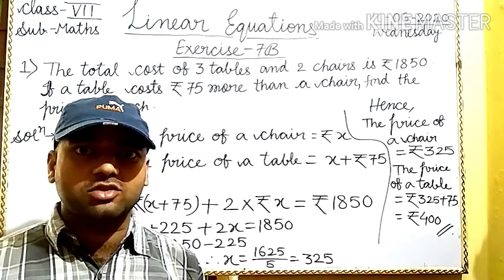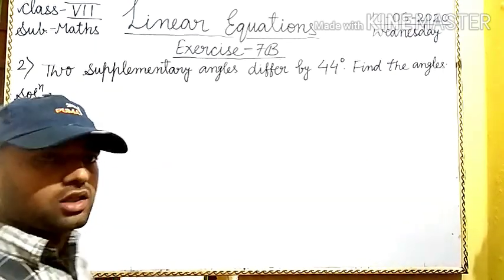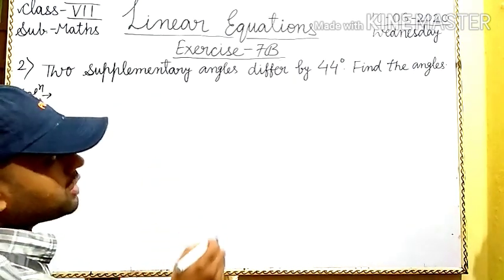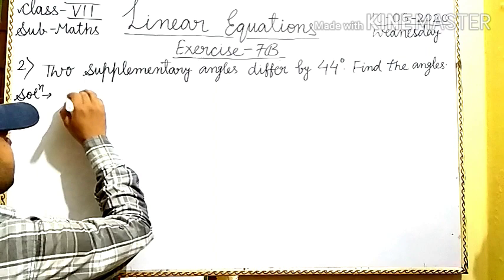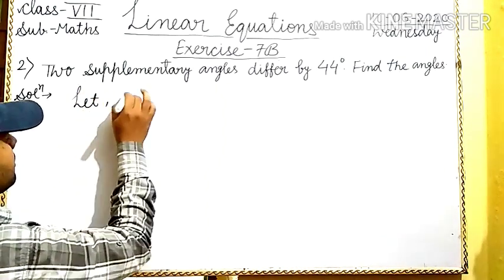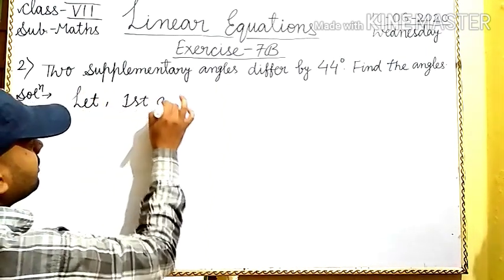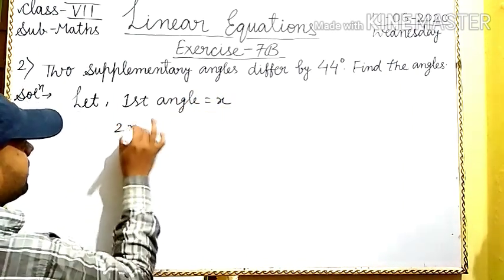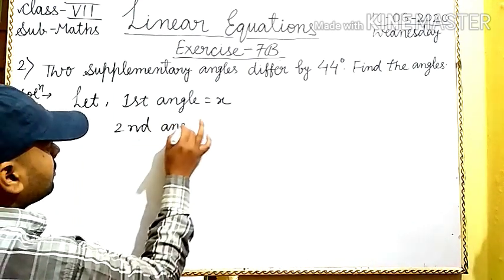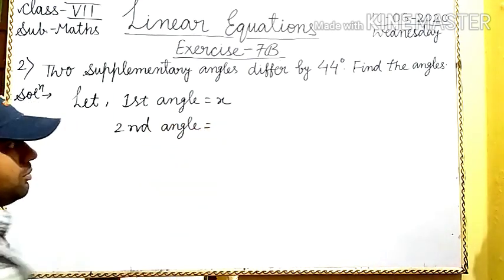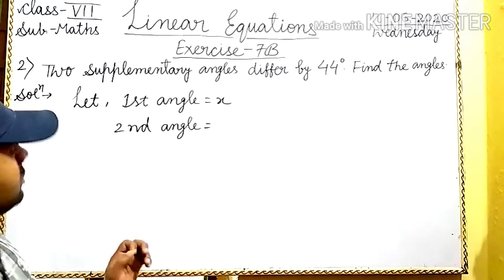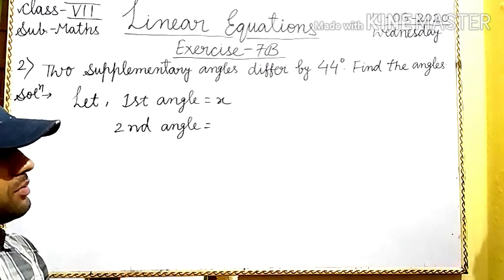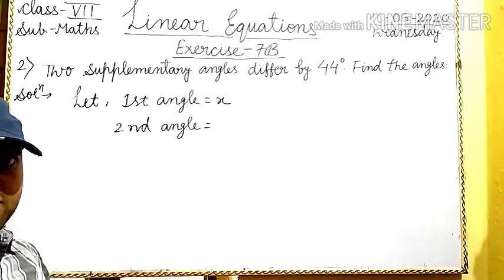Now let us discuss question number 2. In question number 2, two supplementary angles differ by 44 degrees. Find the angles. Let the first angle be equal to X. The second angle is equal to, we know that two angles are called supplementary angles if their sum is 180 degrees.